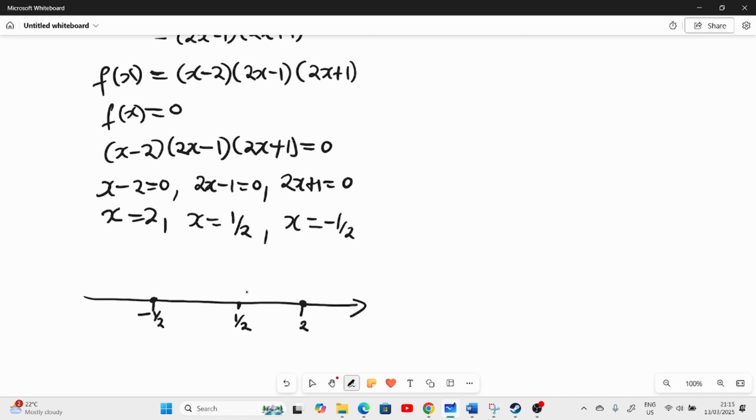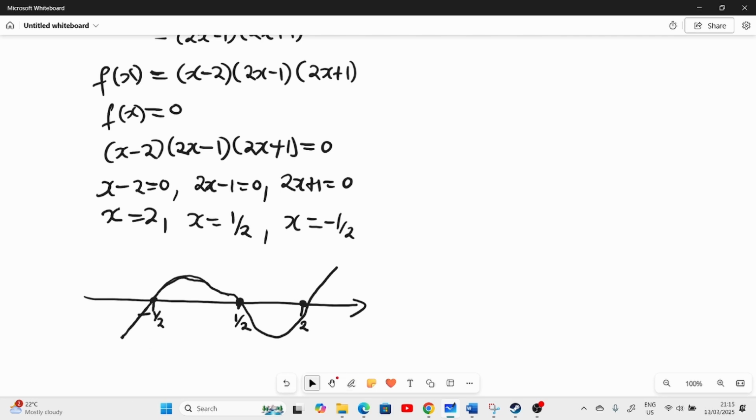It's cutting the x-axis at these 3 points. It passes here, goes down, and then goes up. An equation to the power 3 will always take this shape.